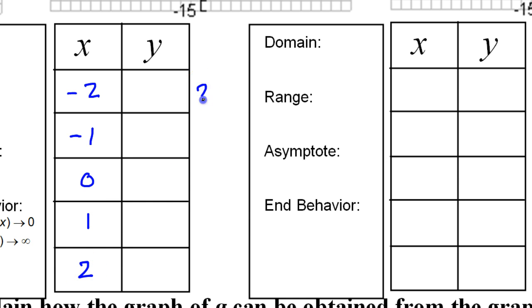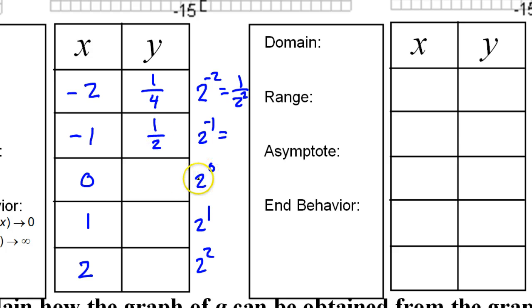So we're talking about 2 to the -2, 2 to the -1, 2 to the 0, 2 to the 1, and 2 to the 2. This is 1 over 2 squared, so this will be 1 over 4. This will be 1 over 2. Anything to the 0 power is 1. And this will be 2, and this will be 4.